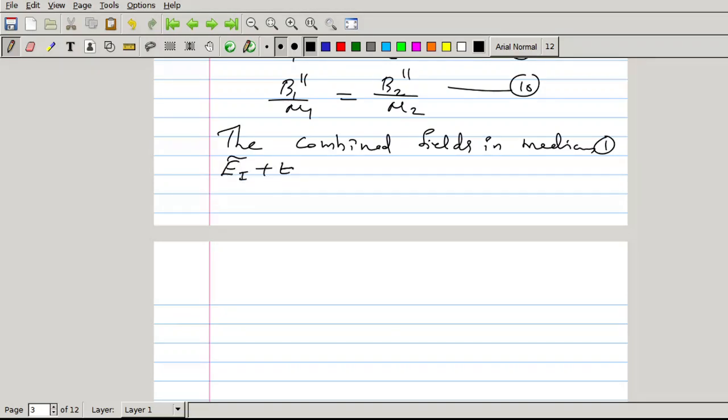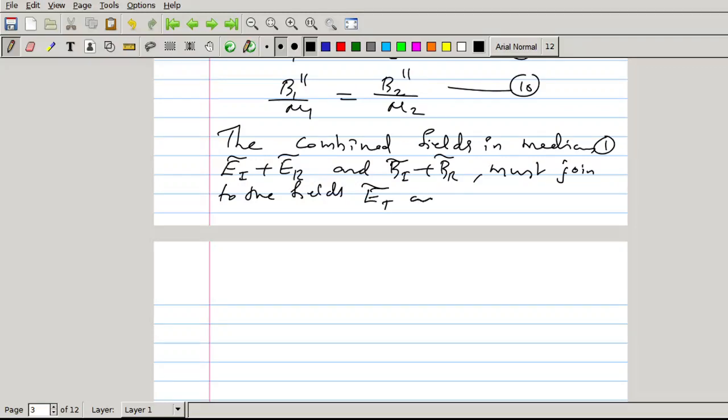E_i plus E_r and B_i plus B_r must join to the fields E_t and B_t in medium 2, based on the above boundary conditions.